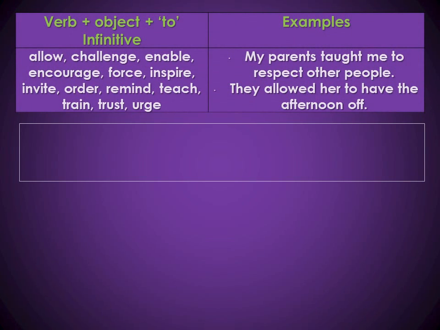Now, verbs plus to infinitive, which are always used with objects. Guys, are you familiar with the meaning of enable, encourage, beautiful word formation? How exactly do we use remind? How does it differ from remember and recall and resemble?